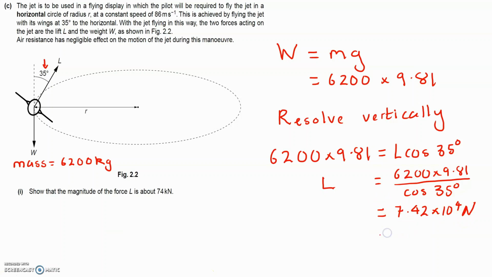So we can write our final answer as 7.4 times 10 to the 4 newtons. And so we've proved that the magnitude of force L is about 74 kilonewtons, or 74,000 newtons.